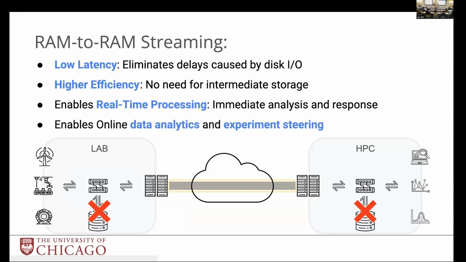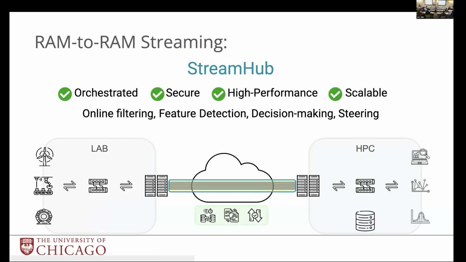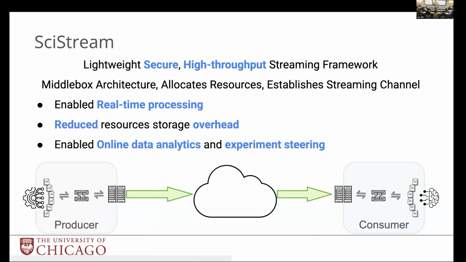So we have low latency and high efficiency. Also, we have real-time processing, which provides us with data analytics and experiment steering, which is basically what our project is about. It's an orchestrated, secure, high performance, and scalable streaming service.